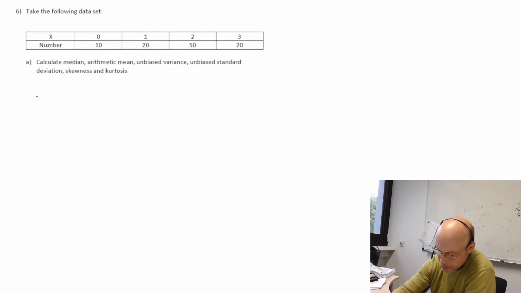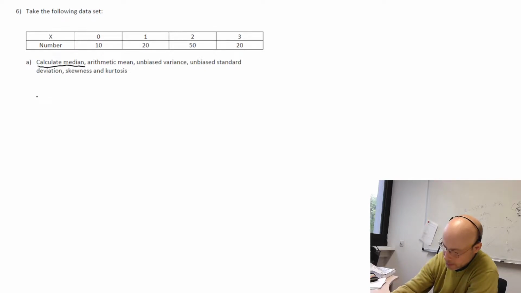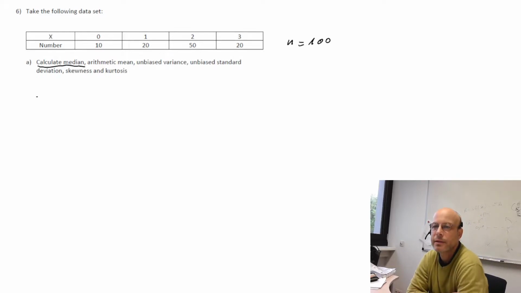Or at first, I think the median we can just directly calculate this. So what is the median of this distribution? So n is 100. We have 10 times 0, 20 times 1, 50 times 2, and 20 times 3.